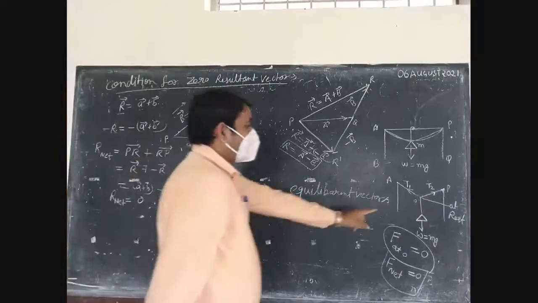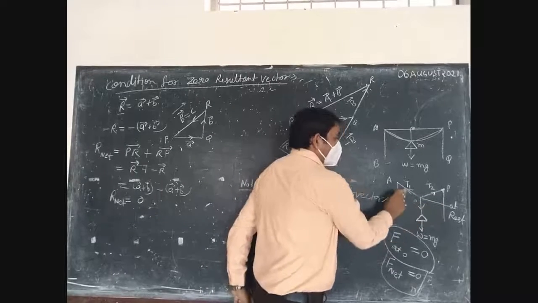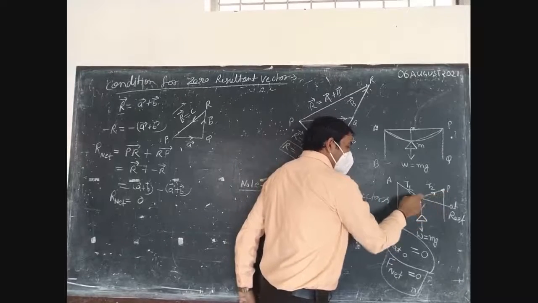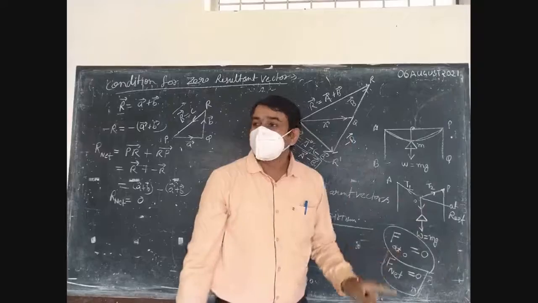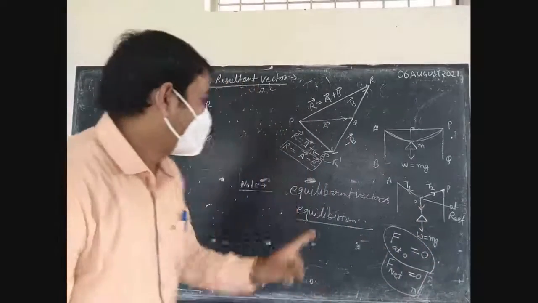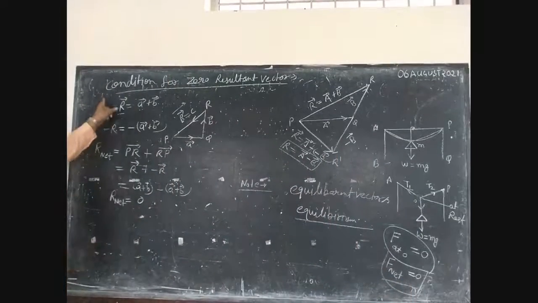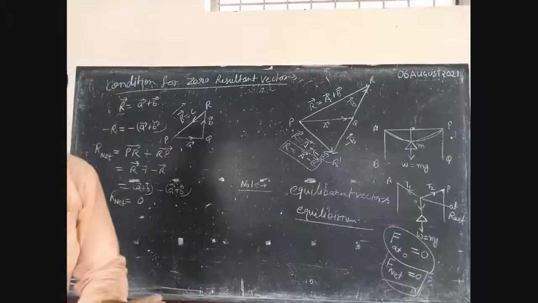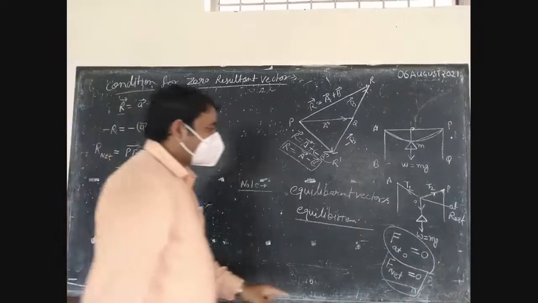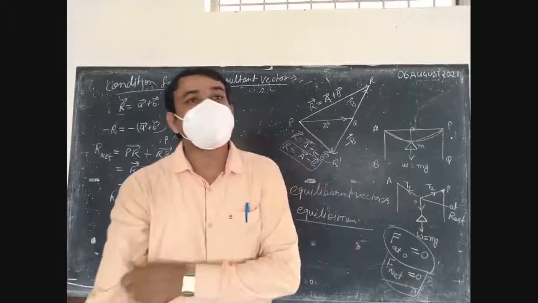Then we say the three vectors acting, vector OA, vector OP and vector OW, are in equilibrium, and the vectors are known as equilibrium vectors. Because this net force is 0, this is also known as the condition of zero resultant. Now for this we have a theorem that is named Lami's theorem.